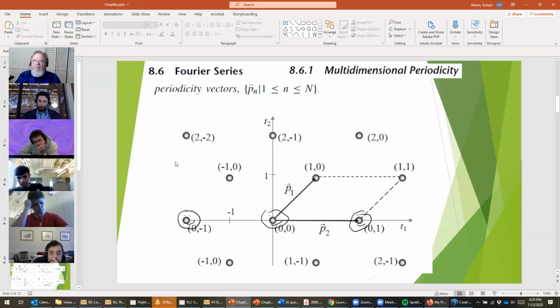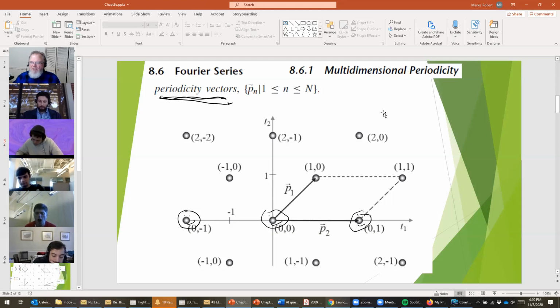There is something here referred to as a periodicity vector. Now, a periodicity vector takes the place of the period, the capital T in the 1-dimensional case. And as you might expect, we're going to need not 2 scalars, but 2 vectors in 2 dimensions in order to characterize the dimensionality.